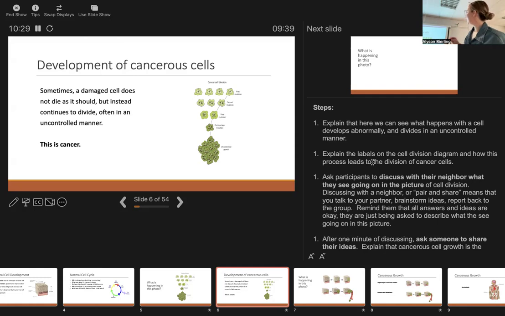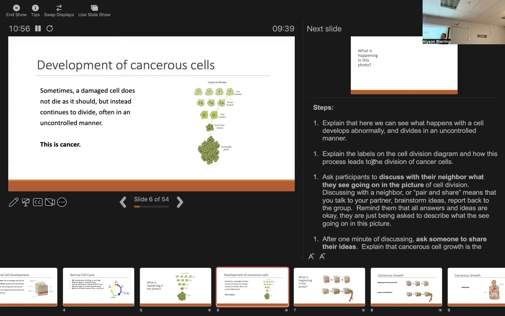Okay, so you can see here there's a mutation. There's just one mutation in these cells up here. The body doesn't detect that there is a mutation. There's an abnormality, which allows those cells to continue going through that cell cycle, okay? And then it develops a second mutation.